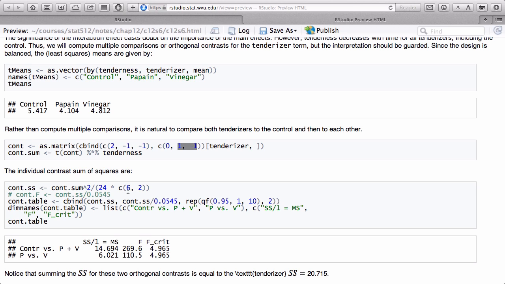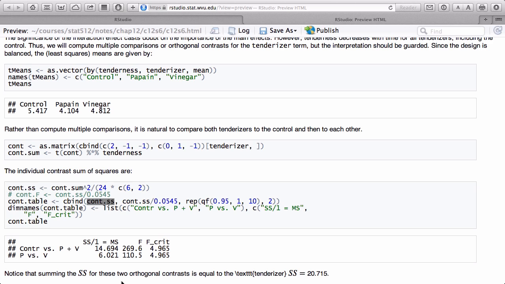What I did is take the sum of squares and divide by the error term to get the mean squares, and then I'm getting the critical F values. Oh, let's see. Oh no, I see. I'm sorry. In fact, what I call the sum of squares is really the mean square.